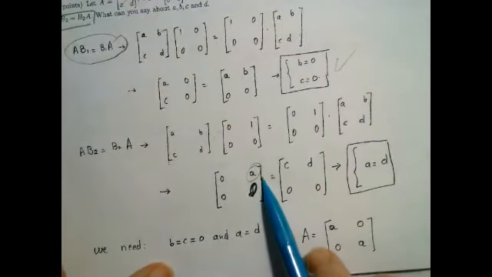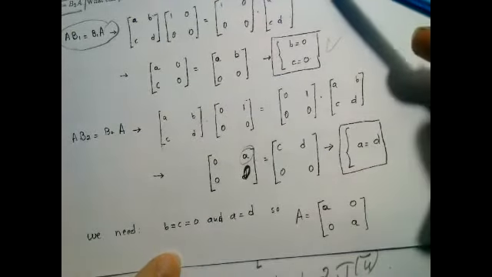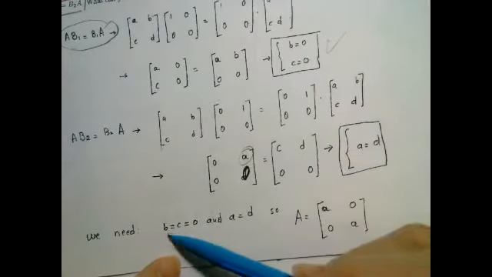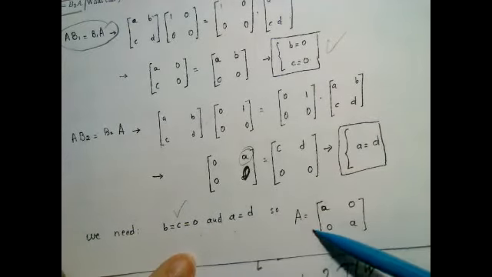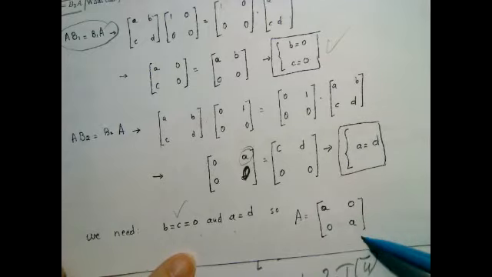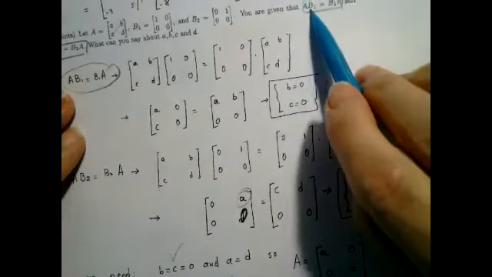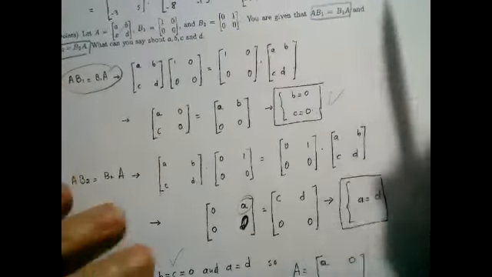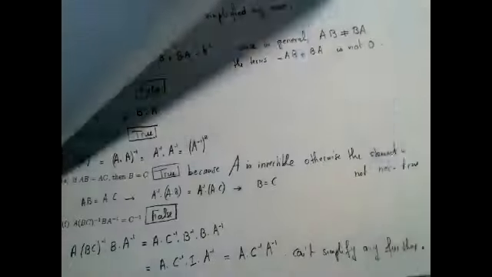So this should occur when A equals D. So when we have those two properties satisfied, when B equals C equals 0 and A equals D, it means A should have this following format. This is interesting because I'm telling you that usually it doesn't commute. The only way it can commute is if A has this very specific format, so it doesn't commute in general. So that is the algebra of matrices.